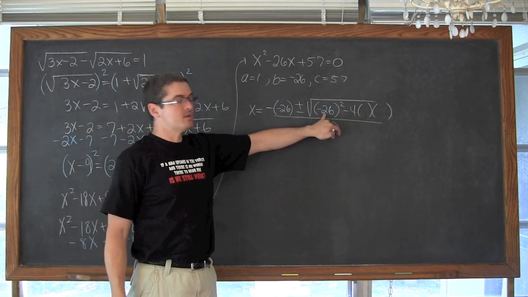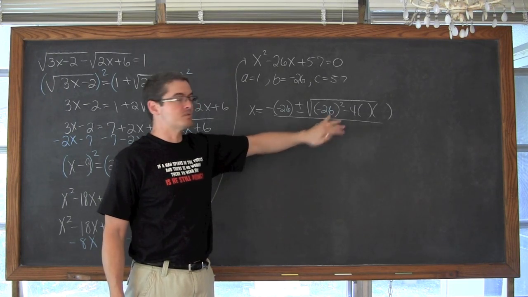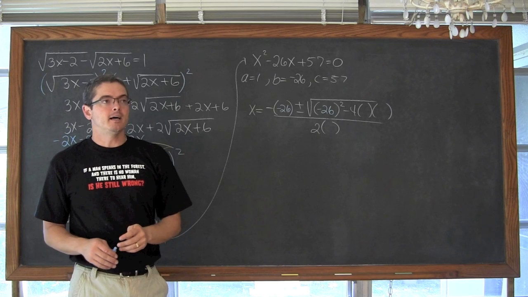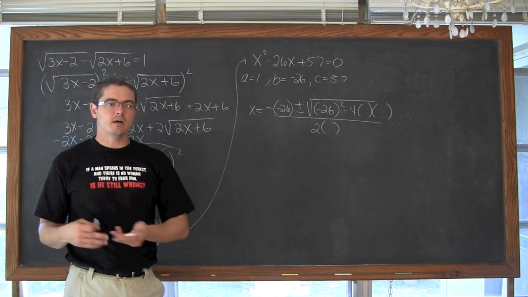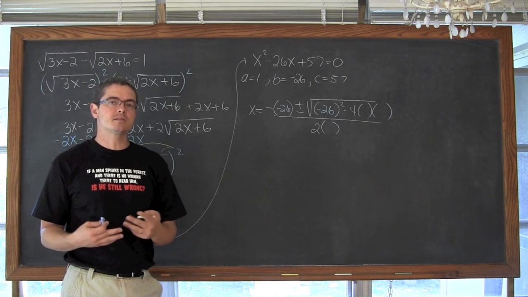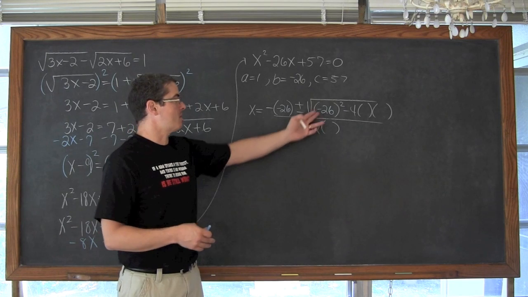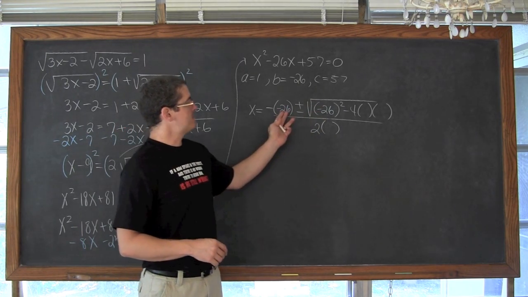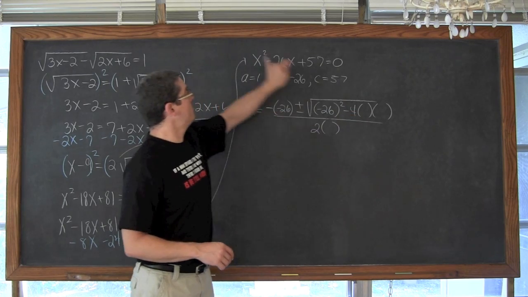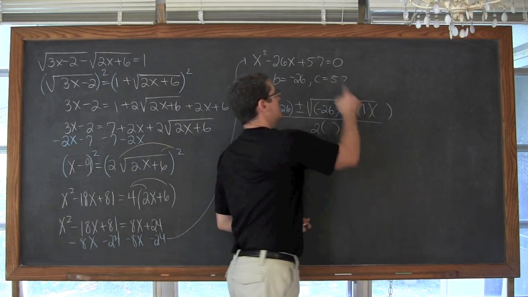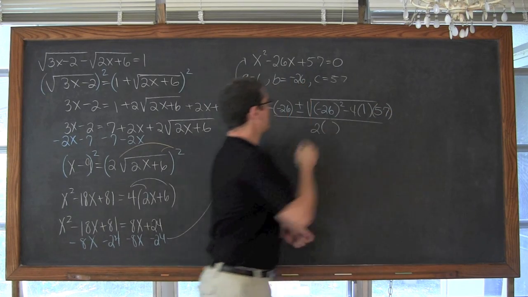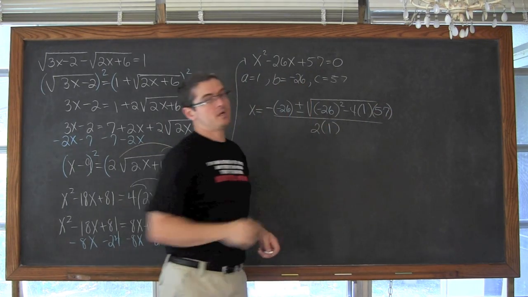Also going to make sure my notation is correct, because if I wrote just negative 26 squared without the parentheses, and I try to use a graphing calculator or a two-line scientific calculator where you can see the syntax, I'd get the wrong answer from not having those parentheses there. At any rate, that's b squared minus 4a, which is our leading coefficient of 1, times c, which is 57, all over 2a, or 2 times 1.